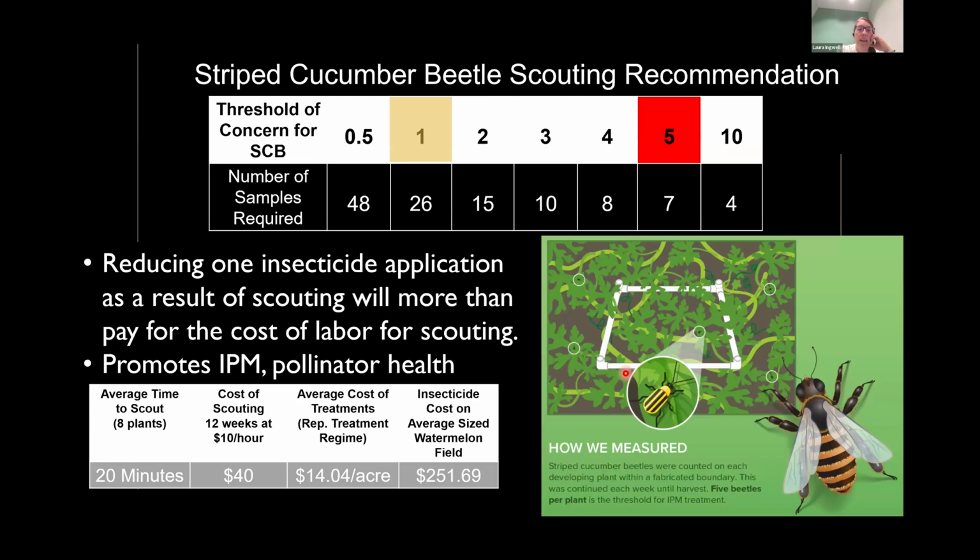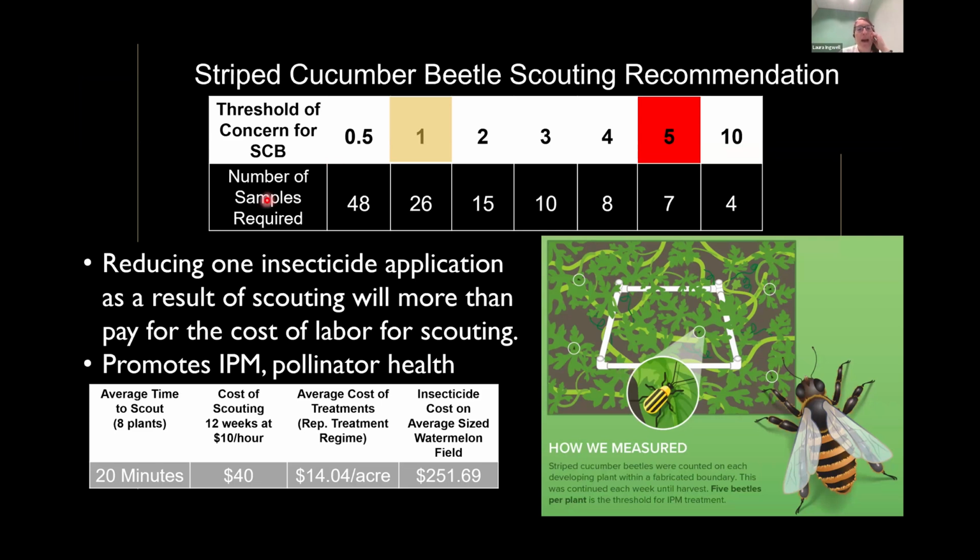And so what does that look like? John Turnist, who was a master's student at Purdue, worked on a scouting plan to give you recommendations on how to go out into the field and determine if you're at those thresholds for cucumber beetles.